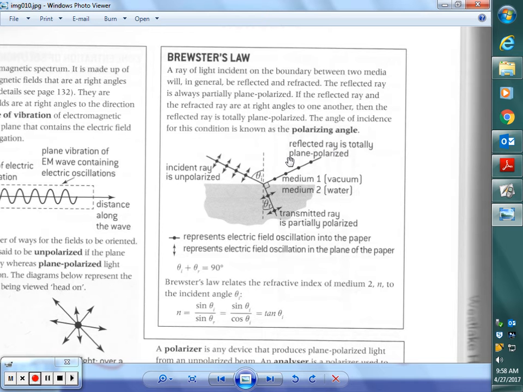Well, you don't want to catch all of it, right? Because if you catch all of it, you don't see anything, right? So that's why, you know, this is not the only angle of incidence for the light rays. I mean, they're going to be coming in at all different angles. So you're not going to be totally polarized no matter where you are, just because of the way those light rays are hitting the surface.